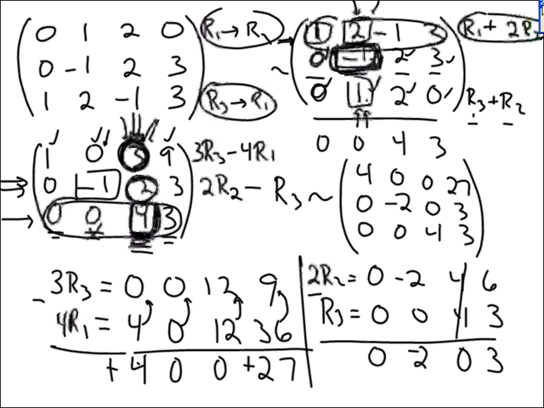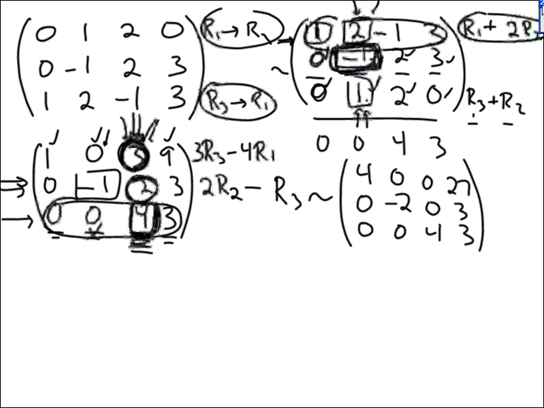With the exception of getting 1s for the leading position, this is done. This matrix, other than getting the 1s in the leading positions for each row, is in row reduced echelon form. The first non-zero entry, in this case, is the 4.